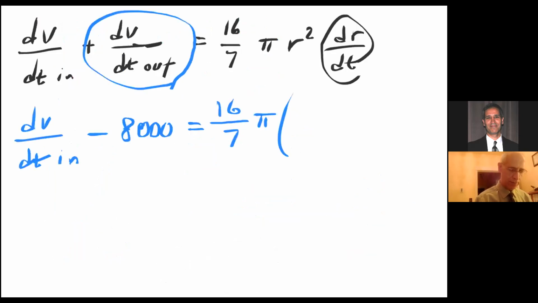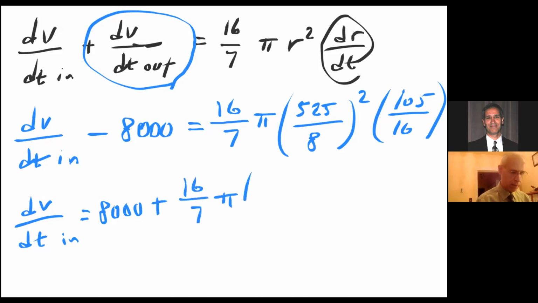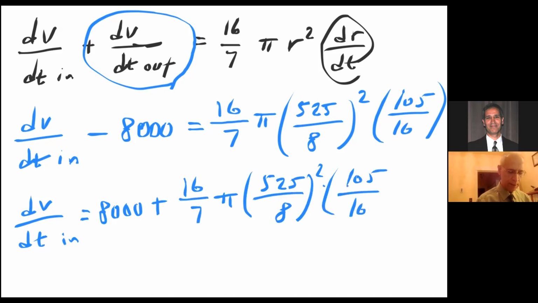So 525/8 squared, and dR/dt was 105/16. So now dV/dt in equals, add 8,000 to both sides of this equation, 8,000 plus 16/7 pi times 525/8 quantity squared times 105/16.